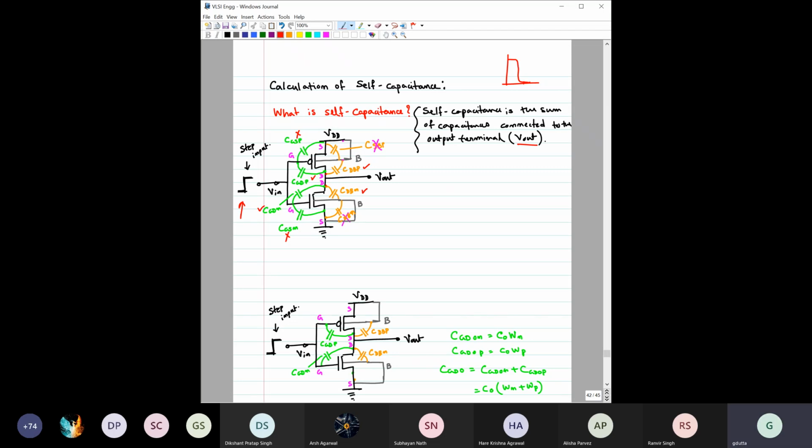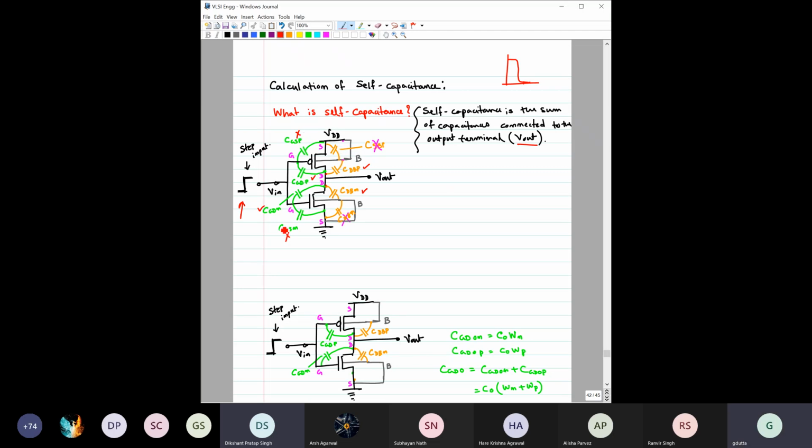The linear region, or triode region, would be very small for a good inverter. So it would be easier for us because it is only cutoff or saturation.